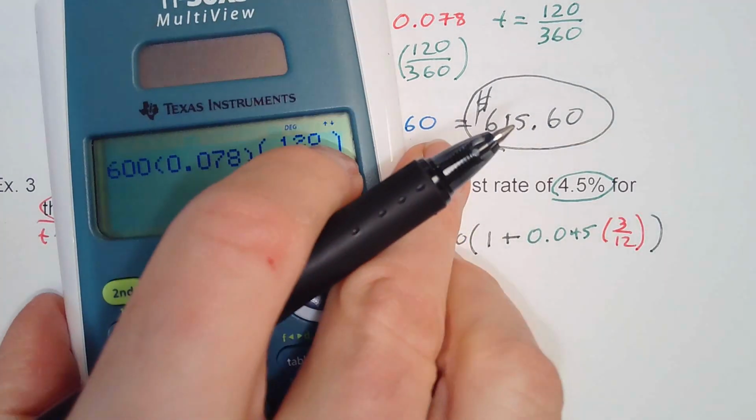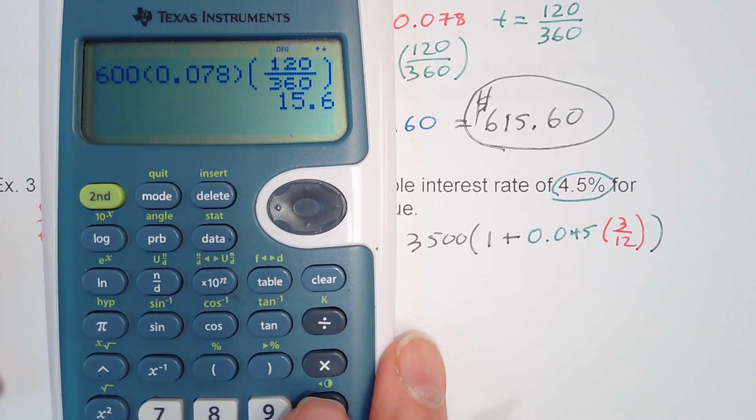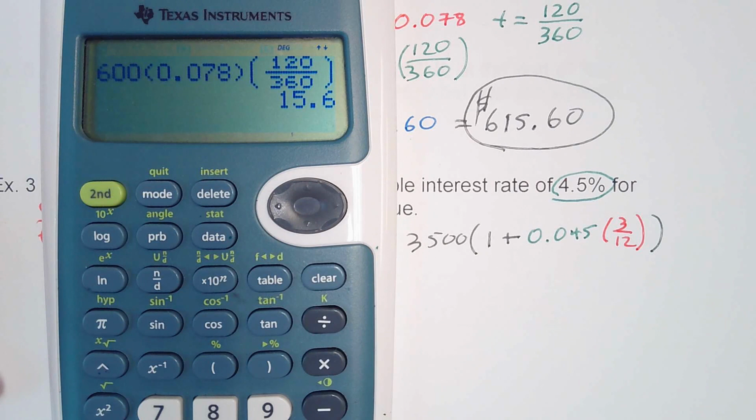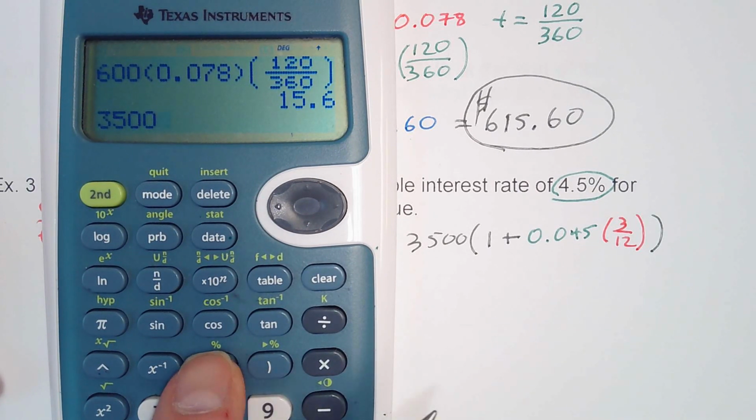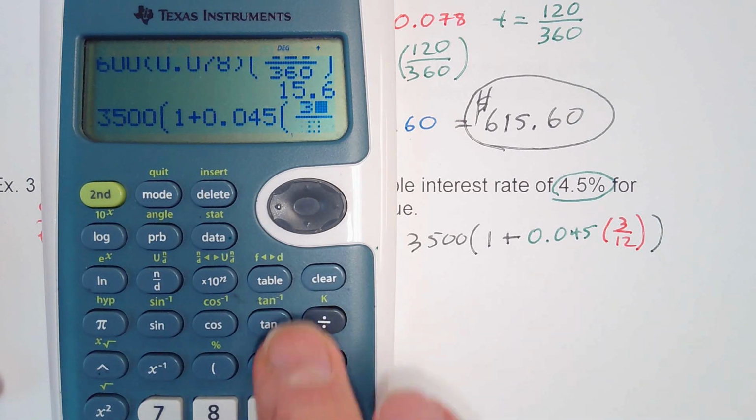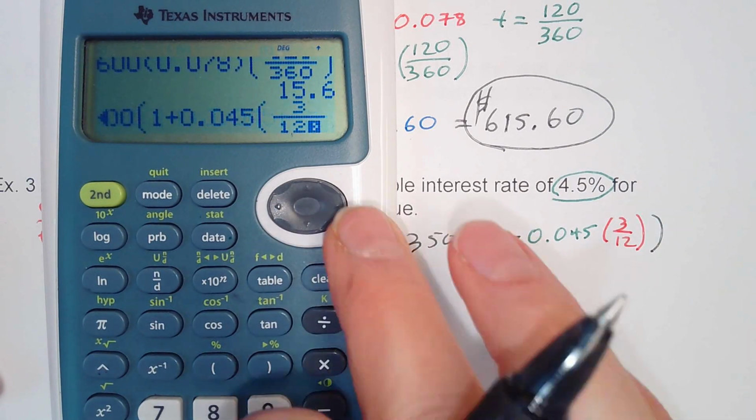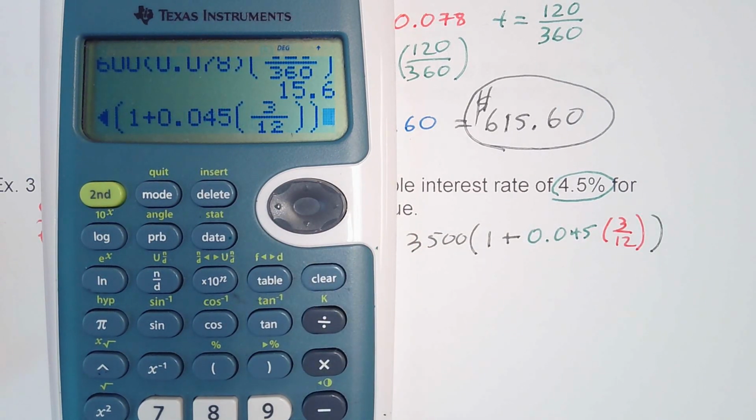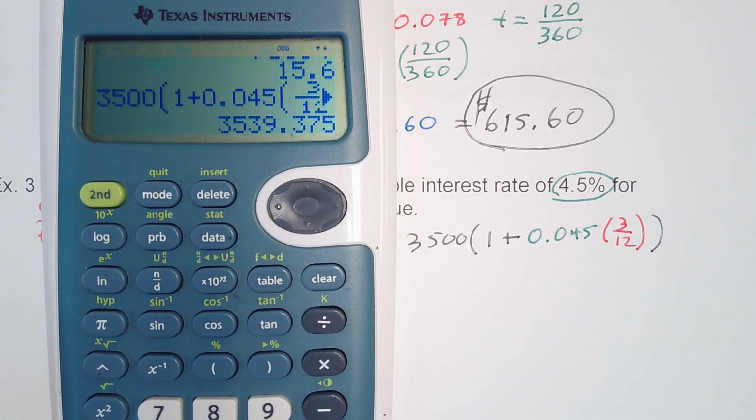Now we can then plug that all in the calculator. That's what we love about this calculator. It just lets us do everything. I don't have to worry about reducing that fraction or anything like that. Just type it in as is. And that's going to give me the answer.